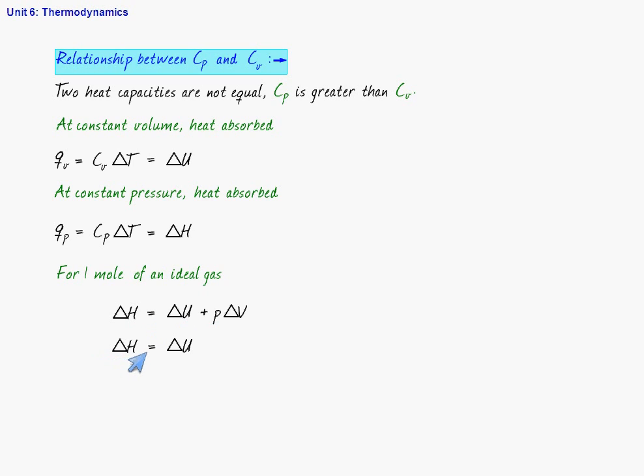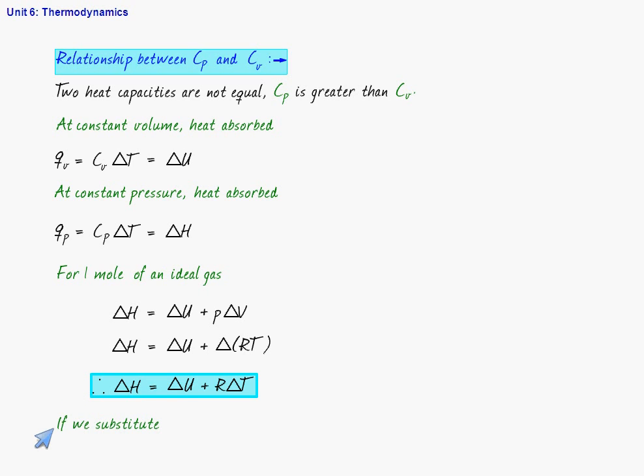Okay, delta RT is equal to R delta T. Therefore, delta H is equal to delta U plus R delta T for 1 mole of an ideal gas. Now, if we substitute the values of delta H and delta U, then we can find that Cp delta T is equal to Cv delta T plus R delta T.